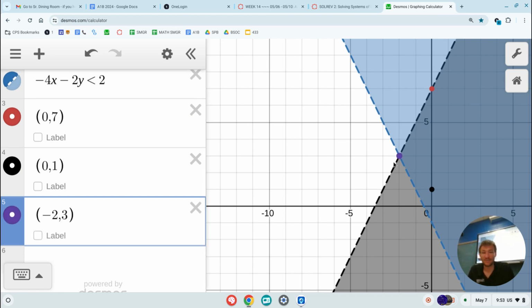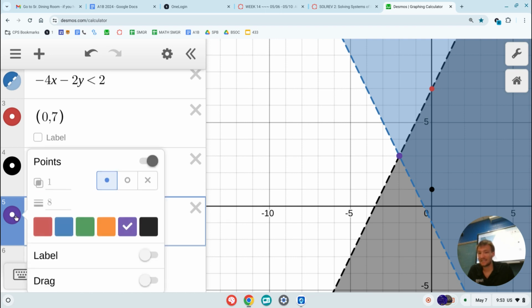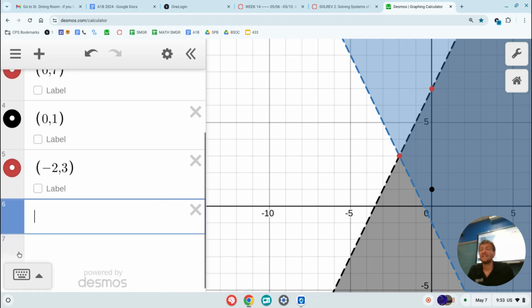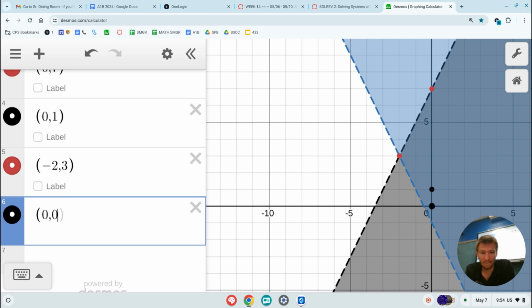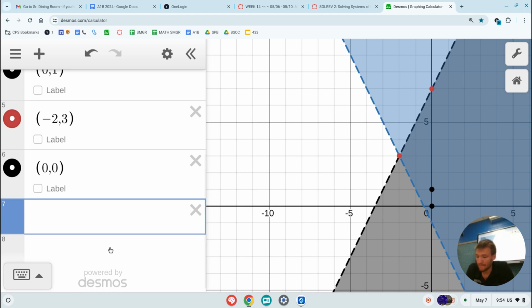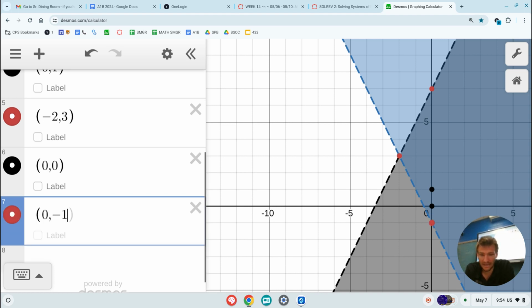How about this one right on the X? Good or not? Right on the X. On the intersection of dashed and dashed. Dashed line bad. Of course, that one's going to be no good. What about 0, comma 0? That one looks pretty good. It's in the double shaded region. Nice job. What about 0, comma -1? That one is right on the line.